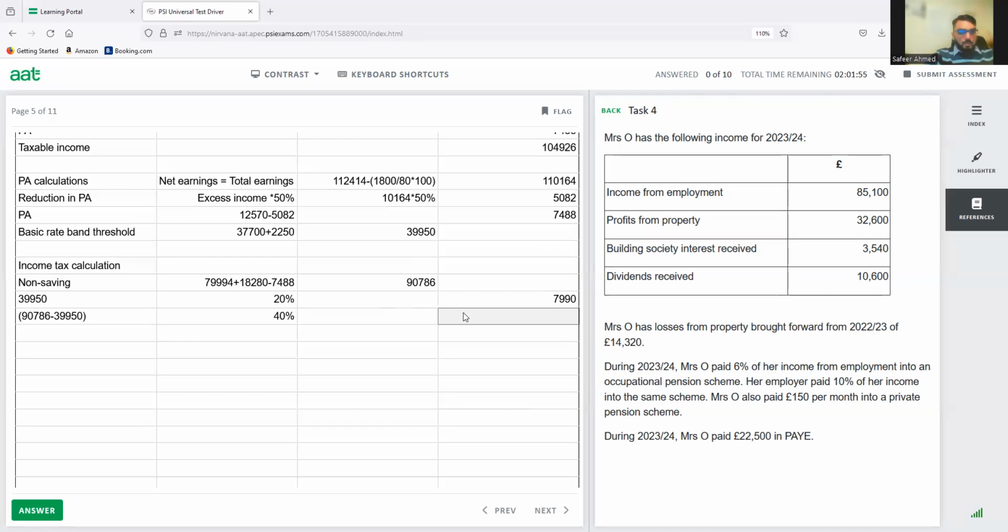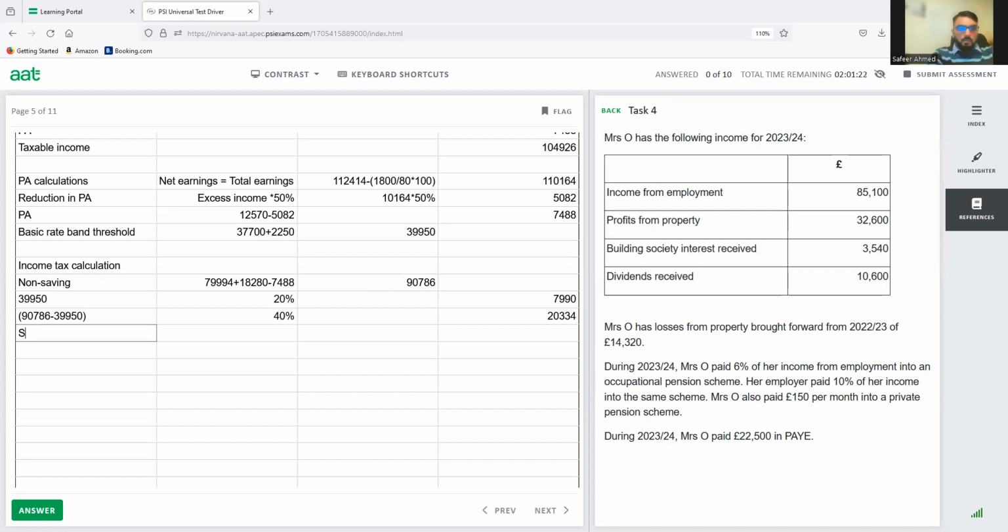So 9786 minus 39950 gives you 5836, and times 40% gives you 2334.40. Now, they always say to write in whole numbers, so we will round it down to 2334. Okay. So we have calculated income tax on non-saving income.